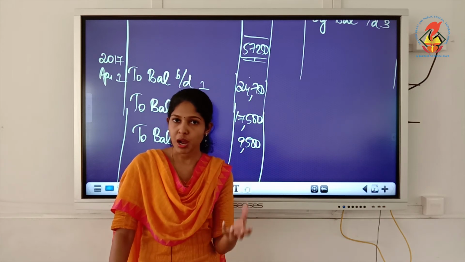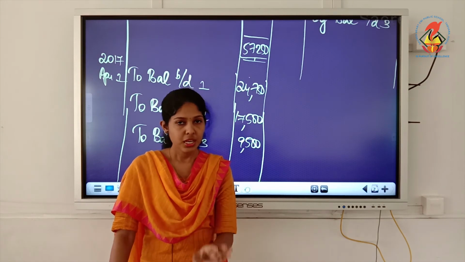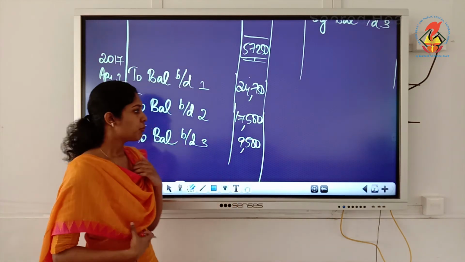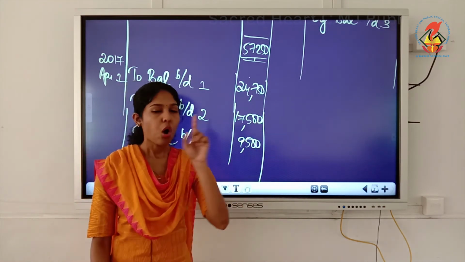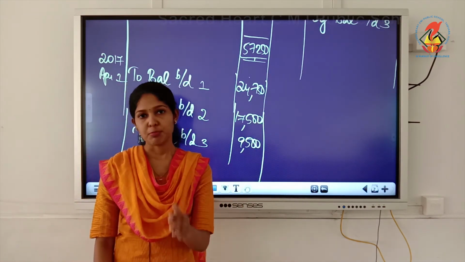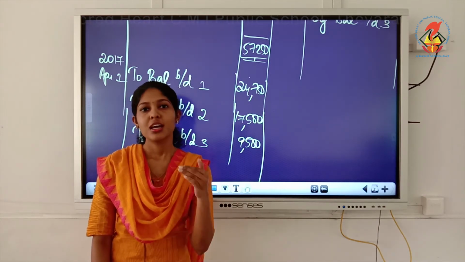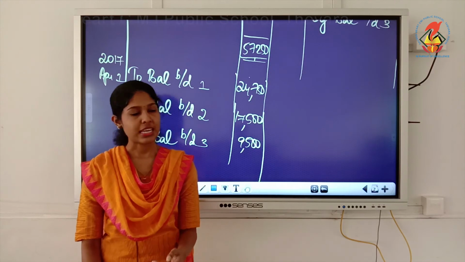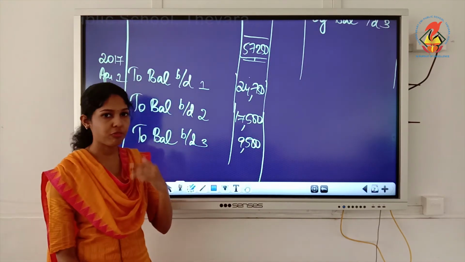So only that part, only 1/3 we are selling. So that you have to remember. Now I have told you already, before you sell or before you write by bank, always you have to charge depreciation. After you write by bank, you have to write profit or loss on sale. So here depreciation you have to charge before we sell.